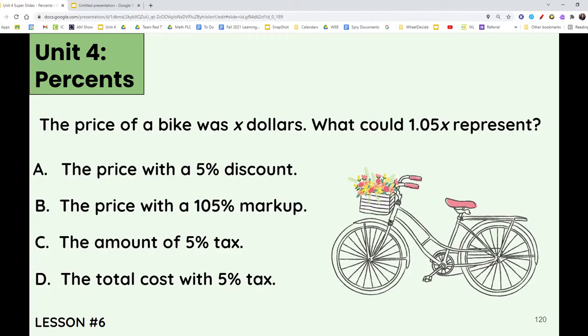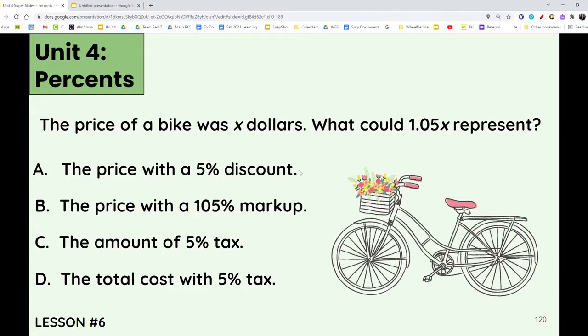The price of a bike was X dollars. What could 1.05X represent? A, the price with a 5% discount. B, the price with a 105% markup. C, the amount of 5% tax. Or D, the total cost with 5% tax. Well, 105% means you have to pay 100% and 5% extra.